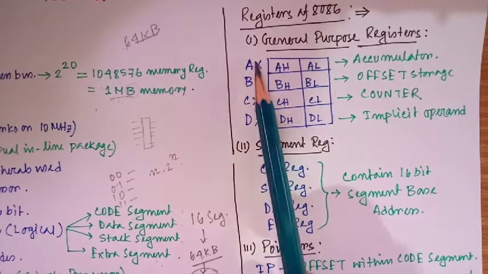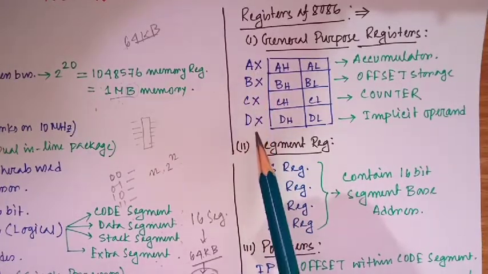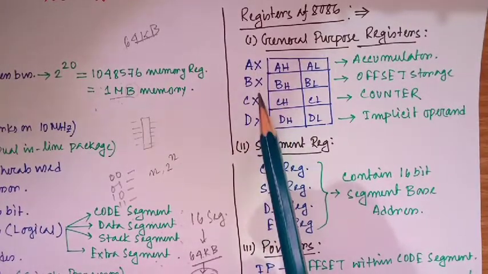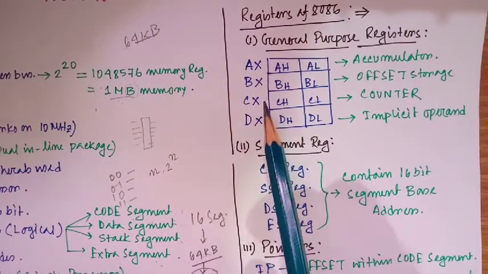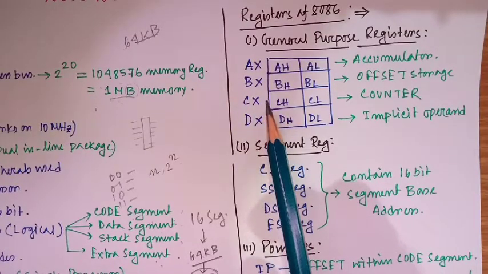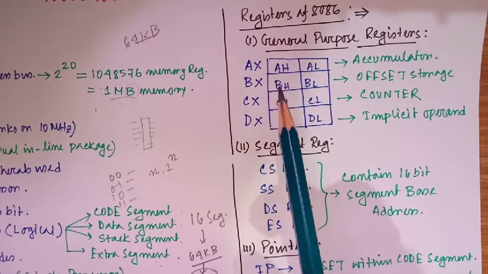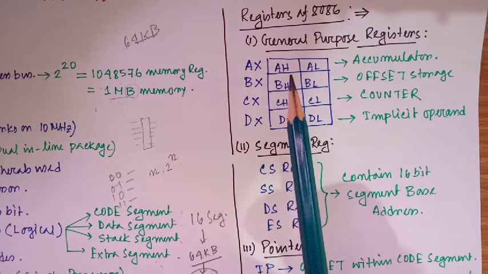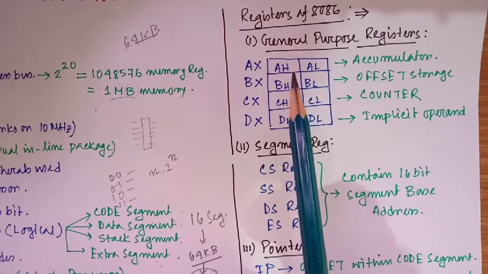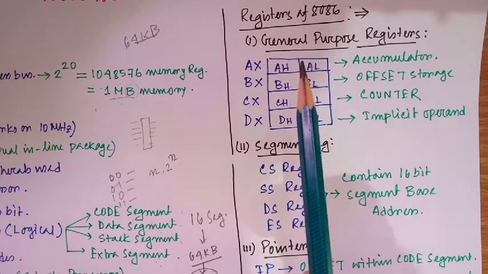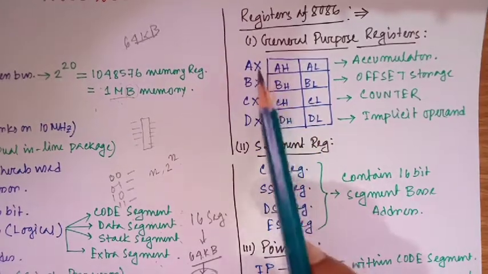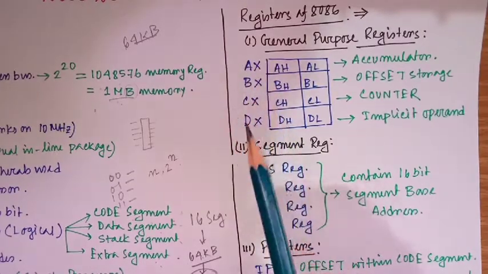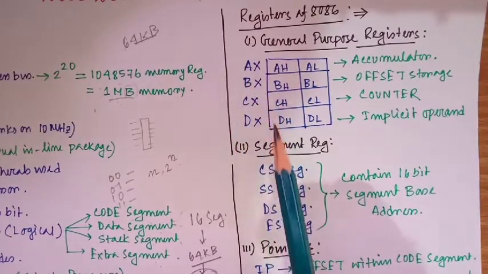So X represents that all of them are 16-bit registers. This concept is similar in case of 8085 also, because you can remember in 8086 all the instructions have X, which basically denotes that it works on 16-bit registers. So we know this kind of concept, and it is implemented once again here: AX, BX, CX, DX.